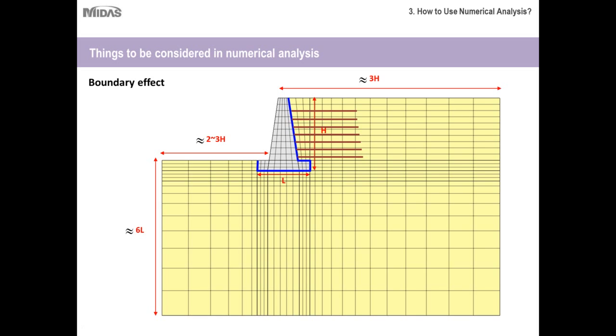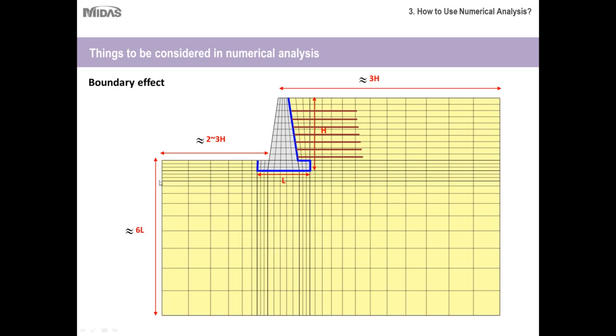Now, why were these empirical formulations or boundaries defined? The reason for this definition is that whenever you are considering a finite element model, the stresses need to be dissipated in the neighboring soil strata. Now, to what extent would you like to see them dissipated? That is what determines these boundary effects.